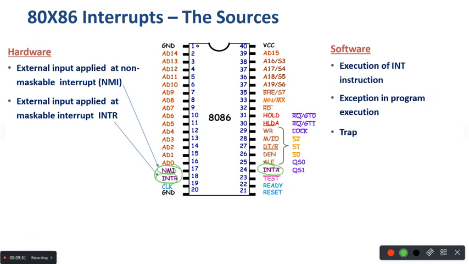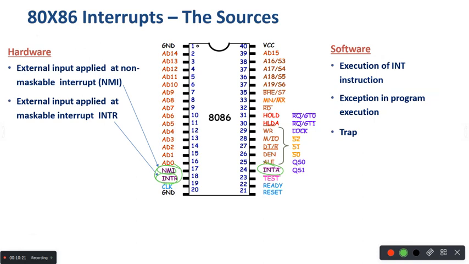There are only three pins corresponding to interrupts in the 8086 microprocessor. We have already discussed these pins in brief. The function of these pins is nothing but interrupting the microprocessor.